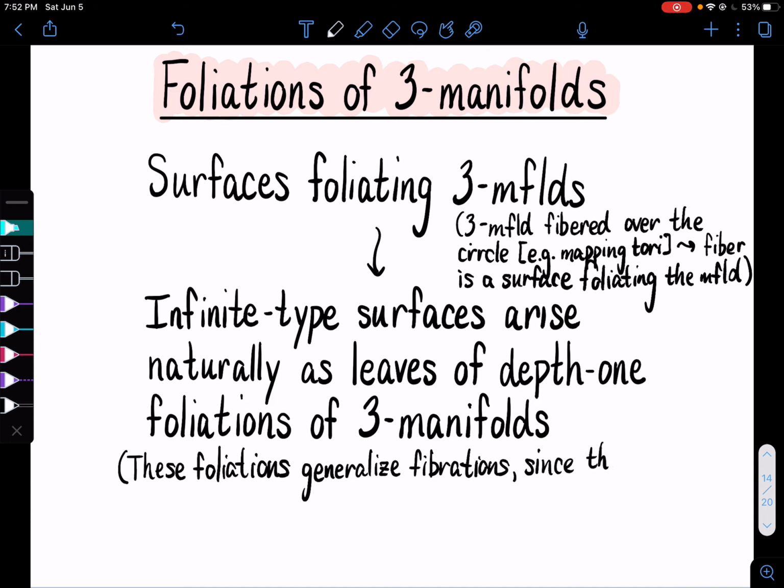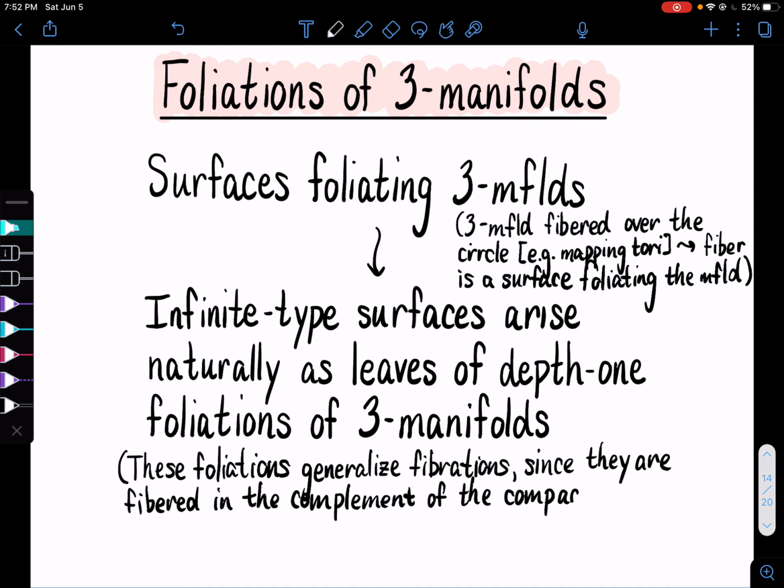Well, they're actually fibered in the complement of the compact leaves. Okay, so that's pretty handy. Okay, so these compact leaves, these are the finite genus leaves.